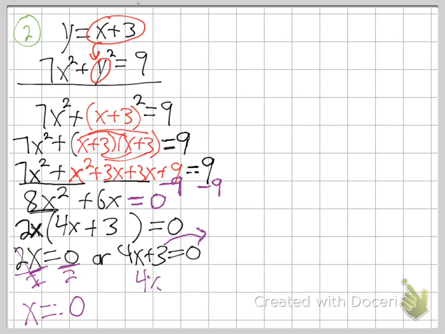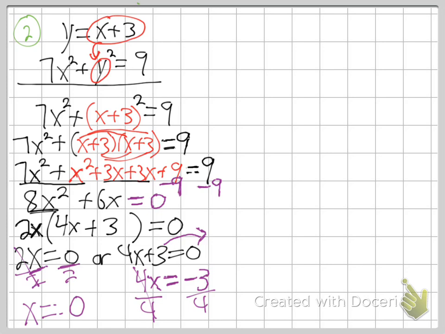So 4x is negative 3. Sorry, my pen's being funny. Negative 3, and then last step, divide by the 4. Boom. X is 0 or negative 3/4.